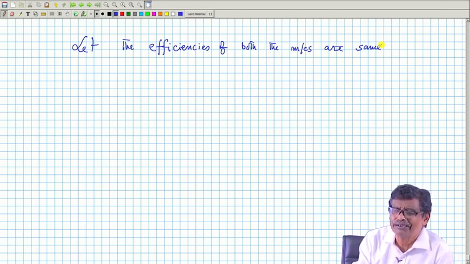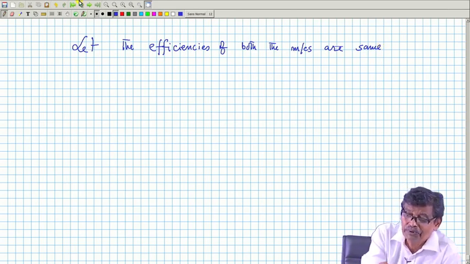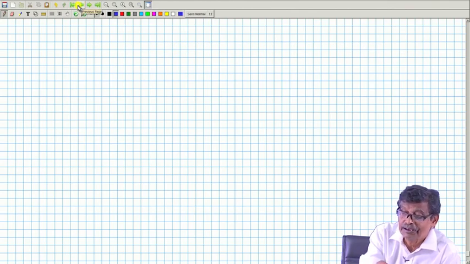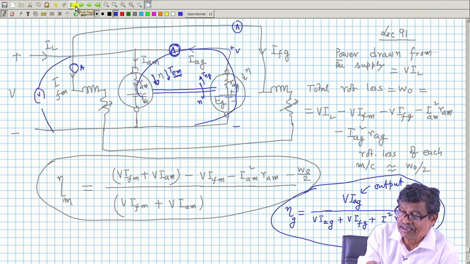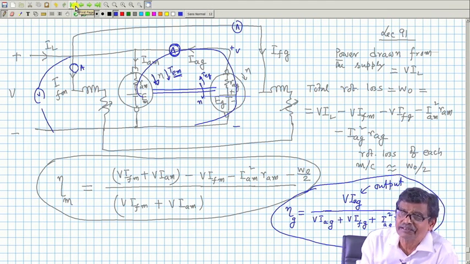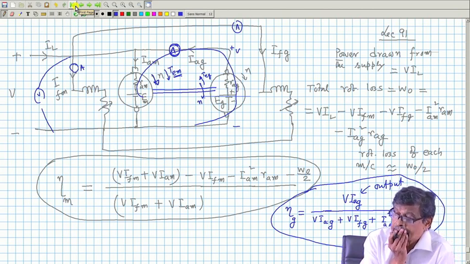Because they are similar machines, I assume the efficiency of the machines is the same. Coming back, suppose the efficiencies are the same, then what I am planning to do is this.